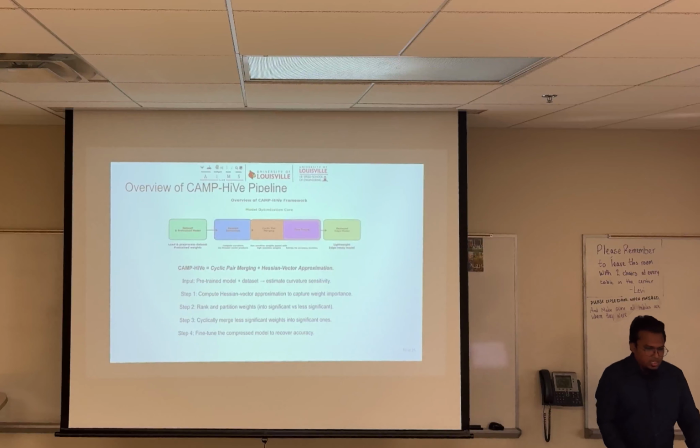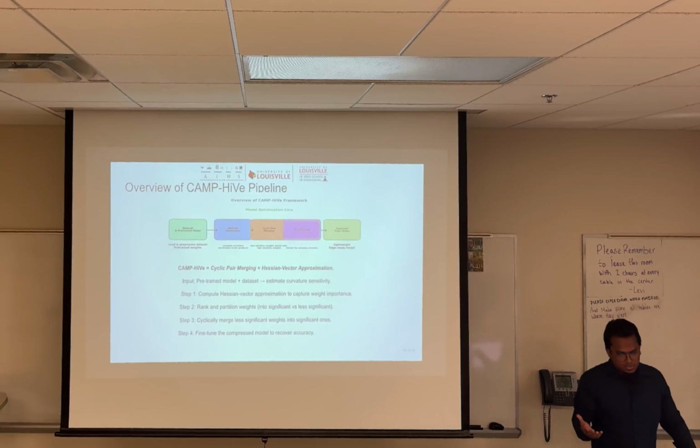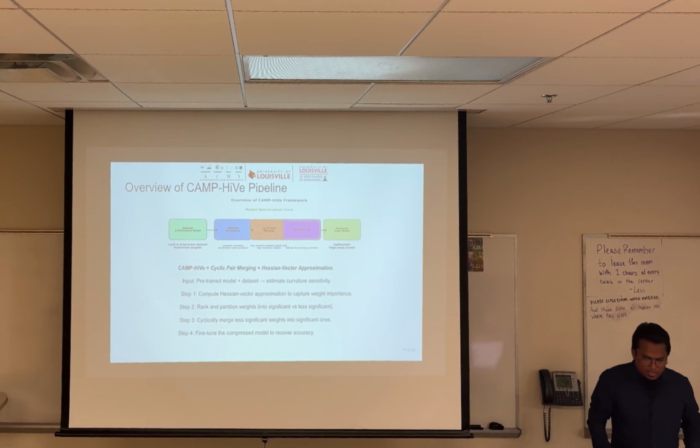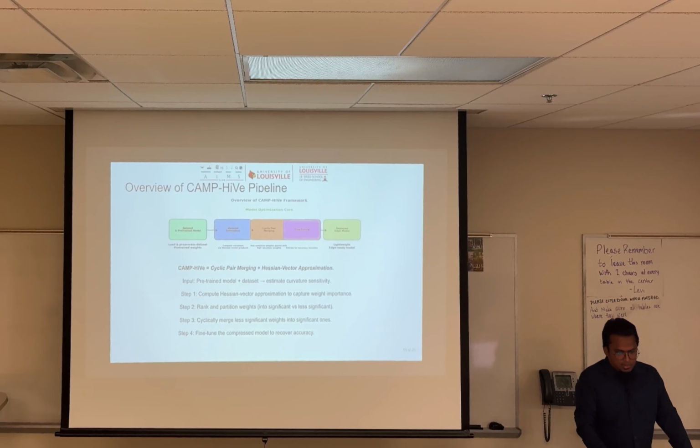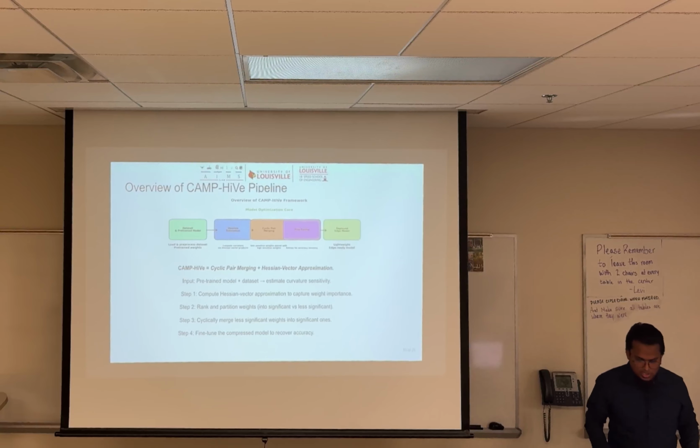Now let's overview our CAMP-HiVe pipeline. Our pipeline has 4 stages. First, compute the Hessian-Vector approximation to estimate the curvature sensitivity. Then rank and partition weights into significant versus less significant groups. The third step is cyclic merge, merging the low-importance weights into high-importance weights guided by the curvature.